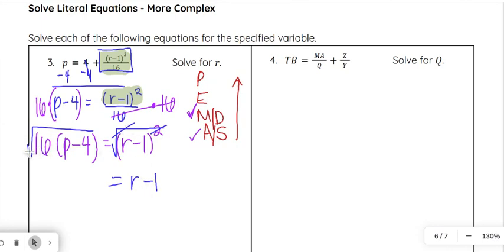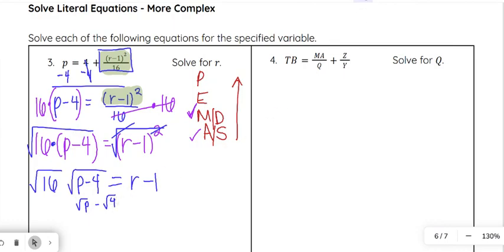On the left side, we have the square root of the 16 times p minus 4. And when we square root the 16 times p minus 4, we can separate that into the square root of 16 and the square root of p minus 4 because we left this as separate multiplication and we didn't distribute that 16 through. I can't break this p minus 4 into the square root of p minus the square root of 4.